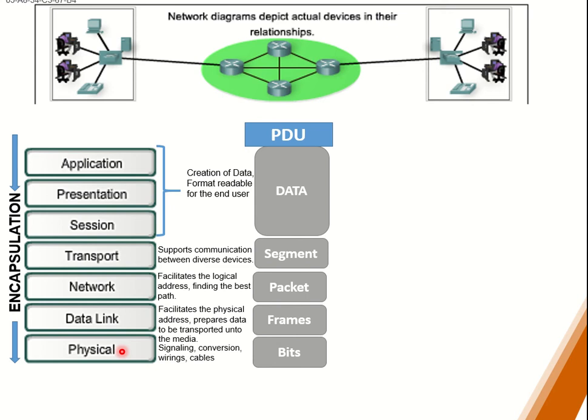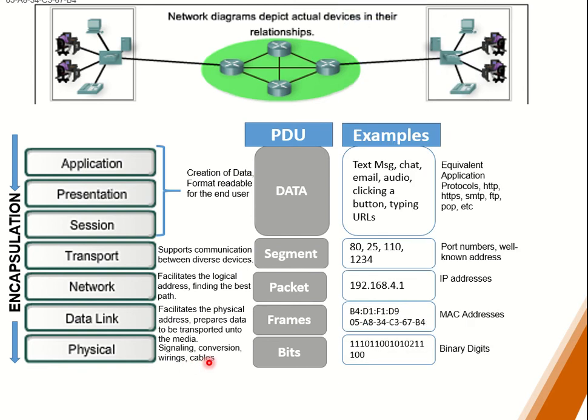Therefore, once the physical layer adds this, we call our data bits. Once it is bits, it has also been converted into signals, either light or electrical; later on we will discuss what conversions it does. It is now ready to travel on our cables. The function of the physical layer is to prepare our data for signaling, conversion, and placing onto the cables.